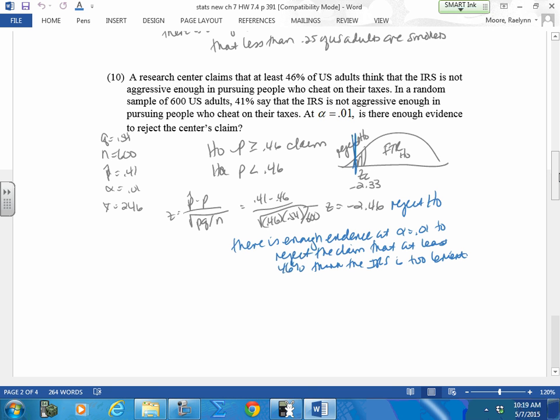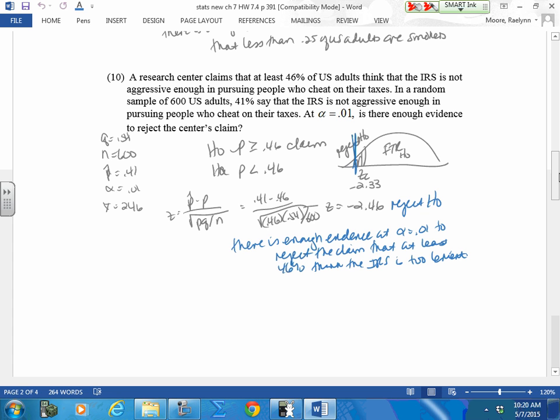Questions? Are you kind of getting where you get the 246 from the x value? Because if you use your calculator, you have to take 41% of 600. If you use your equation, 0.41 is your p hat. But if you go to use your calculator, it wants the x value. 41% of 600 is your x.